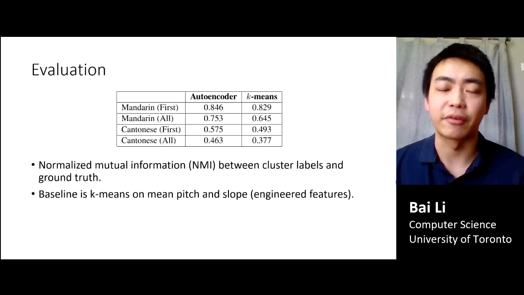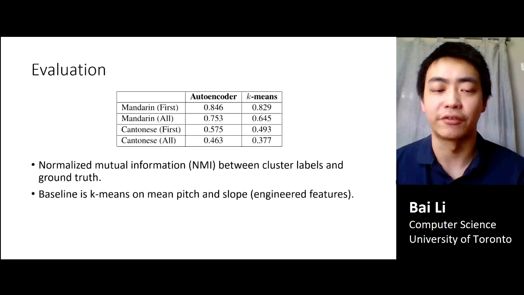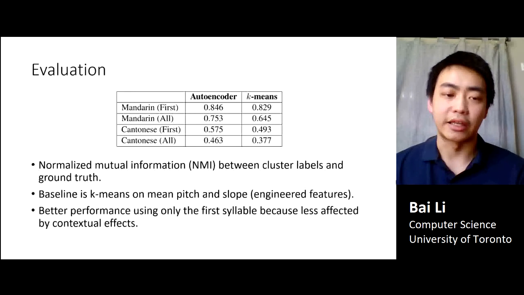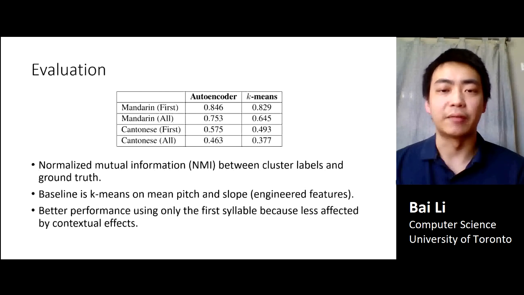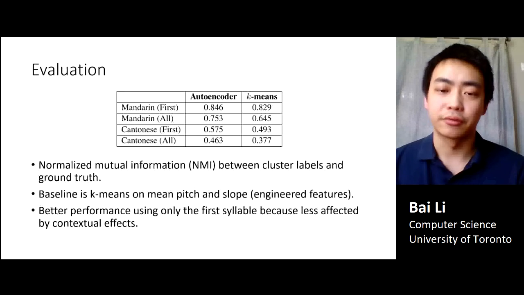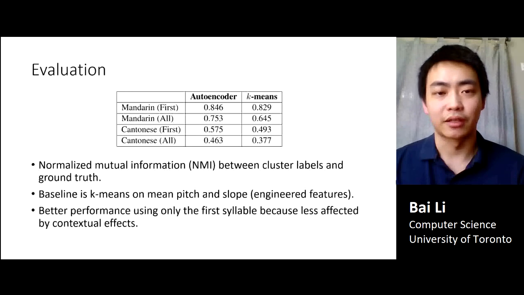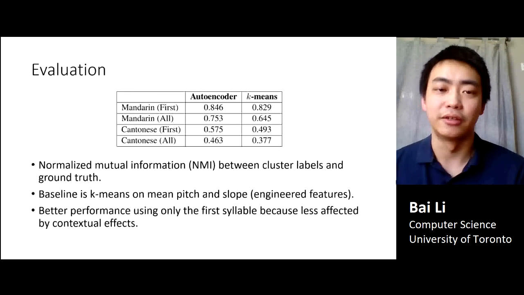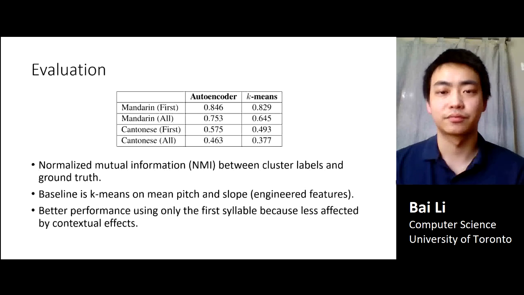On the right-hand side, we have a baseline, which first extracts 2 engineered features: the mean pitch and the slope of the pitch of a syllable. And we run k-means clustering on that representation. Interestingly, we find that in both languages and for both models, we have better performance when we use the first syllable than if we use all of the syllables. This is because the first syllable is less affected by contextual effects.